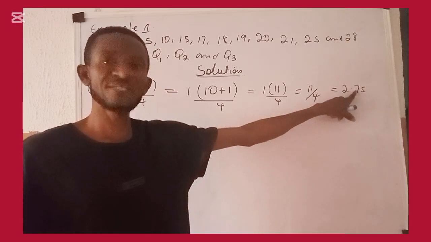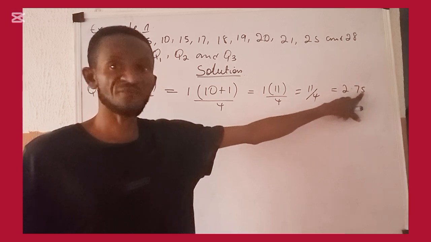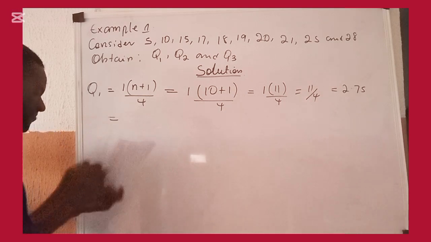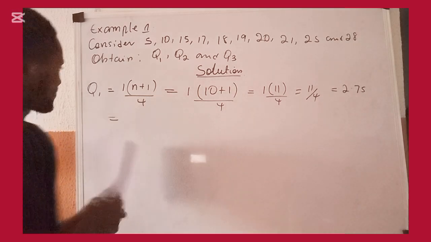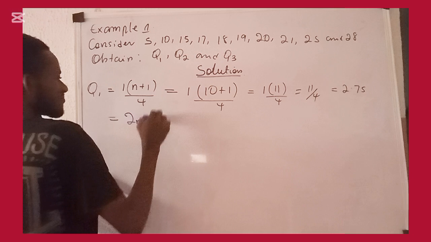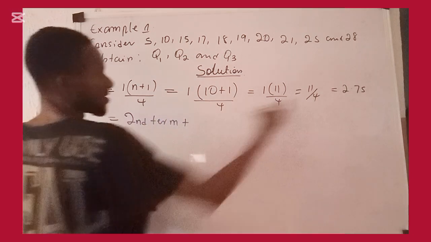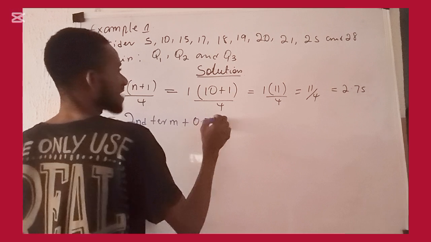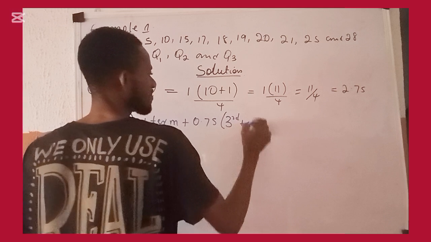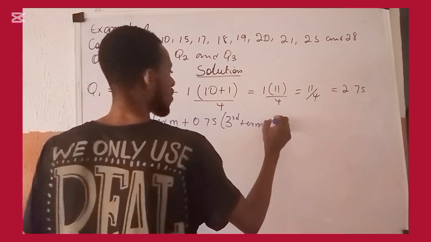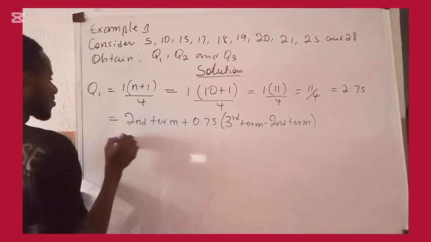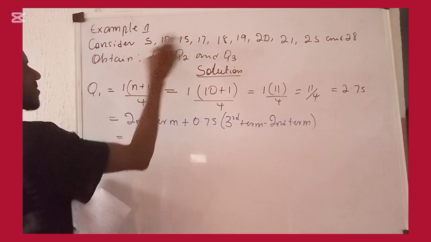And because you have this fraction here, 0.75, you are now going to say this is equal to the second term plus the fraction, 0.75, open a bracket, third term minus second term, close the bracket.